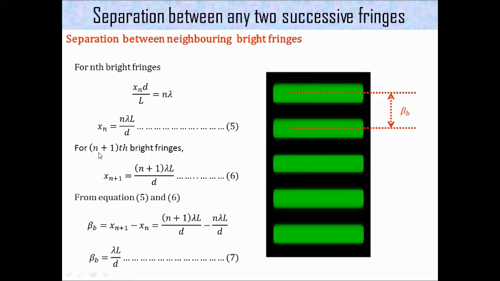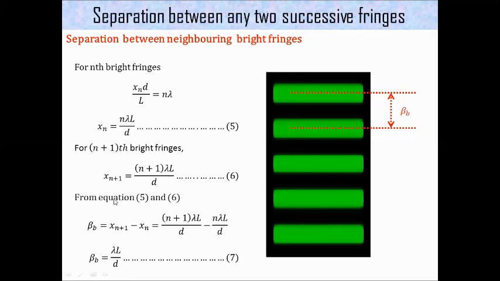For the n plus 1 bright fringe, you have to replace n by n plus 1 in equation 5. Then you can write xn plus 1 equal to n plus 1 times lambda L divided by D. So this is equation number 6.